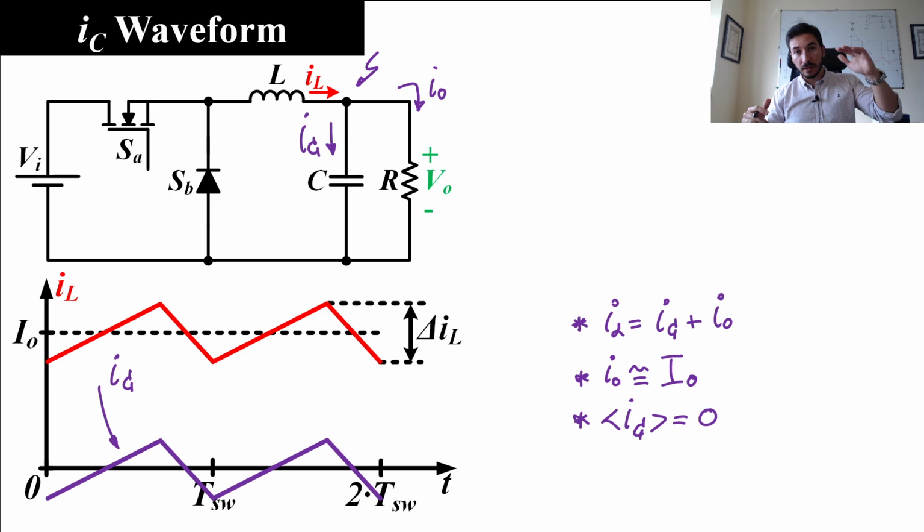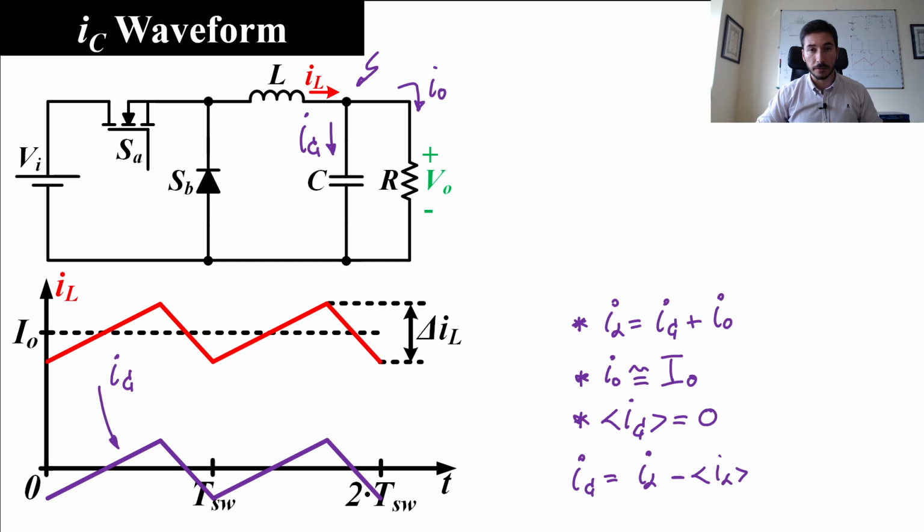The DC part flows through the load and the AC part flows through the capacitor. Basically, if you manipulate these 3 expressions, you can say that the capacitor current is the inductor current minus the average current through the inductor. Okay? So, conclusion. The current that we have through the capacitor is the AC part of the inductor current.